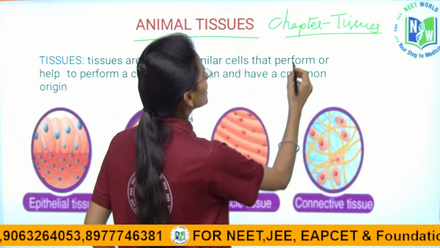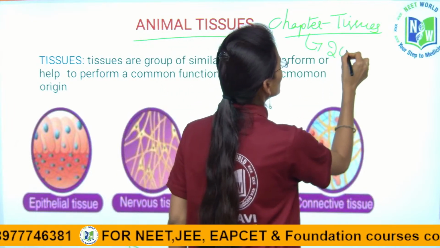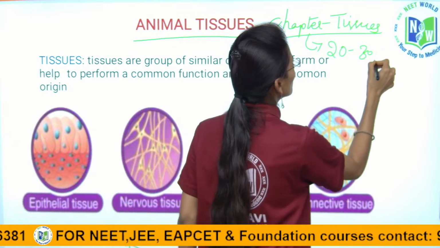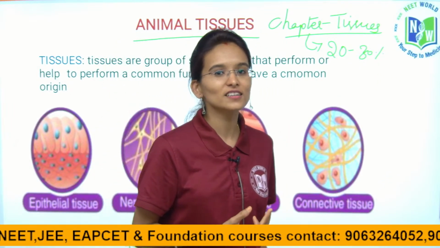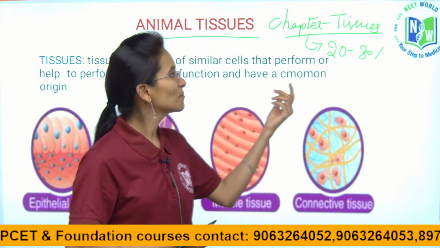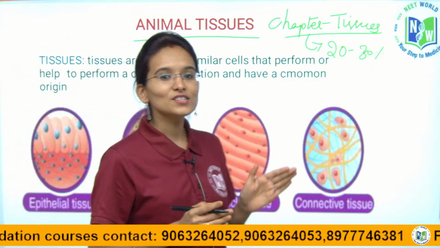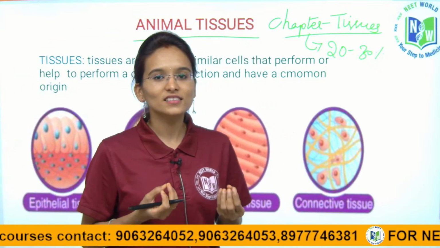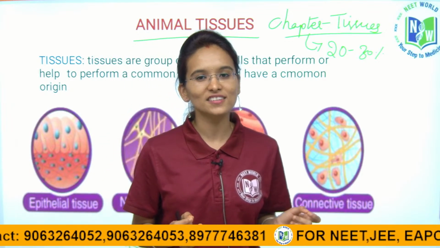This chapter is also going to include minimum 20 to 30% of weightage. It is one of the second most important chapters when we consider the weightage. Now, coming to the animal tissues, as you already know how tissues and organs are formed, we have discussed it in the first chapter itself.